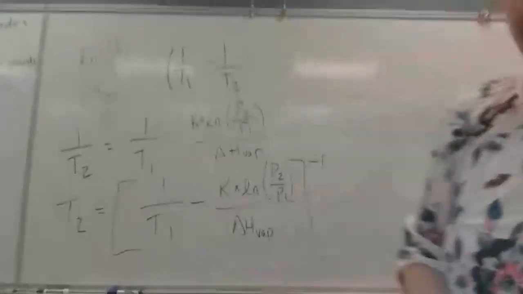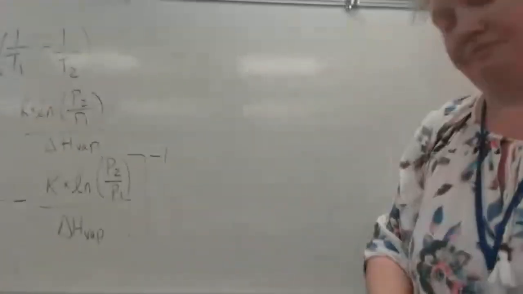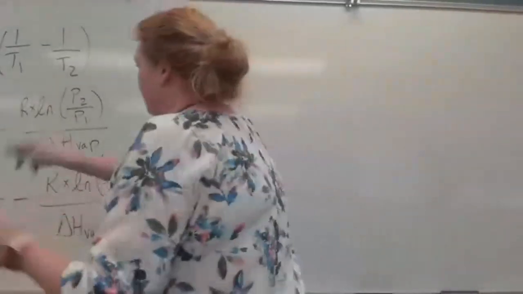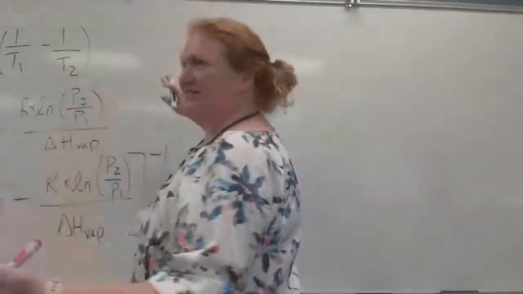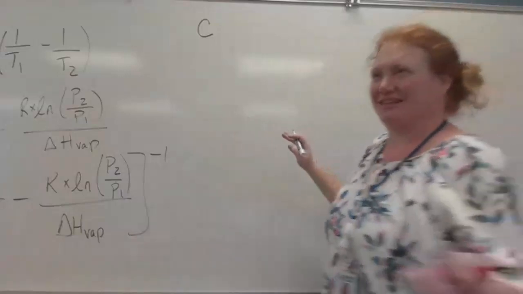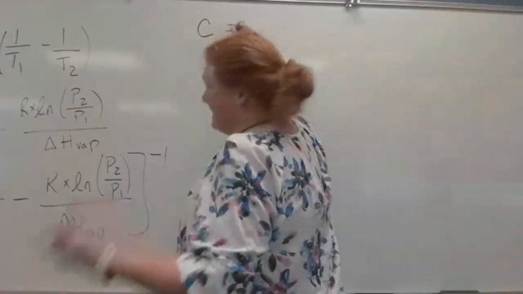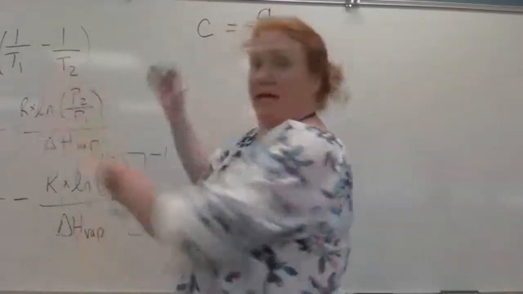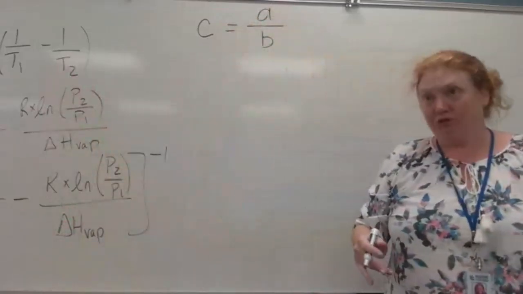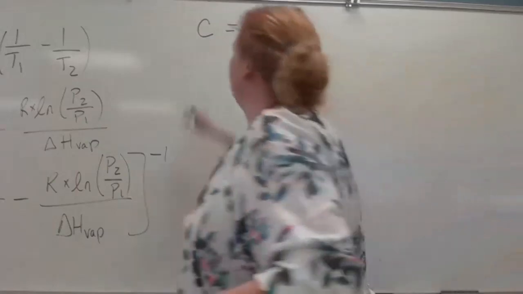Okay. So let me come over here. Is it okay if I just put C on this side of the arrow because that's the way I like for it to look? Okay. C equals what? A divided by B. Everybody with me so far? Okay.